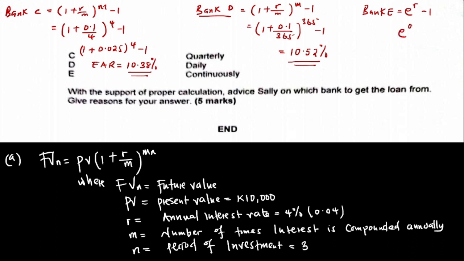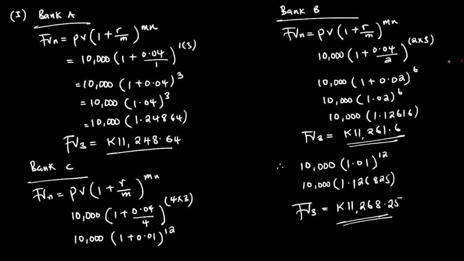Our rate is 0.1, so e to the power 0.1 minus 1. If you punch that in for bank E, the effective annual rate, then multiply by 100, it's going to give us 10.52%.